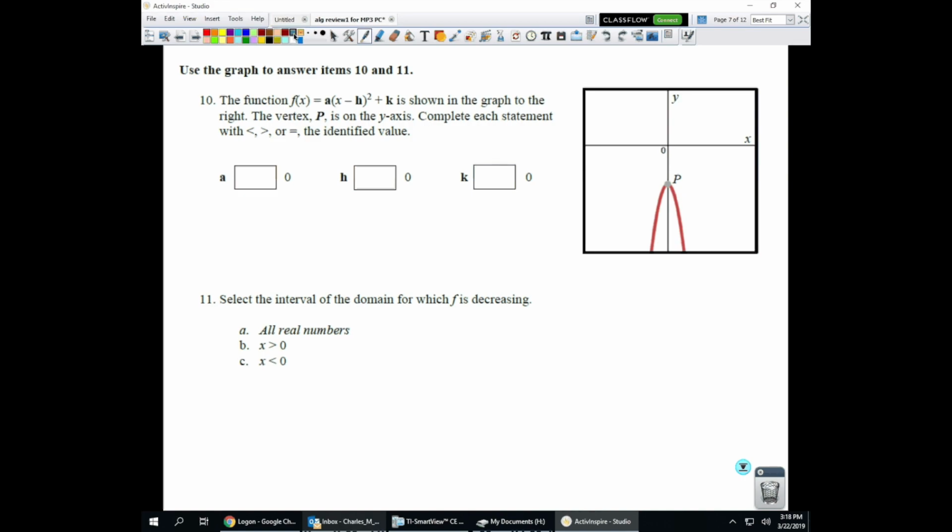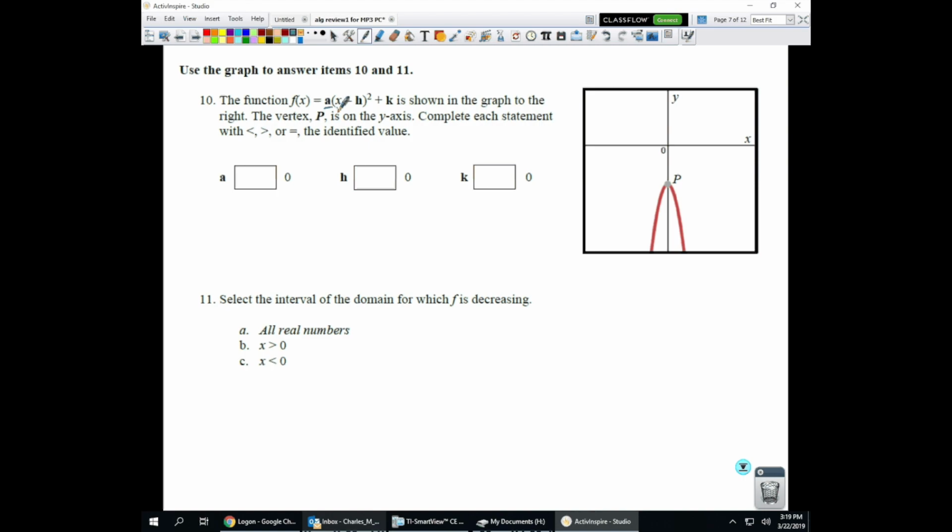Now, with the A value, we know for any quadratic, for any parabola, which is what we have in the picture here, A can never be 0, because if it were, you'd be doing 0 multiplied by your x squared term, removing the x squared, so then you'd be left with only a linear equation. So A can't be 0 for a parabola.